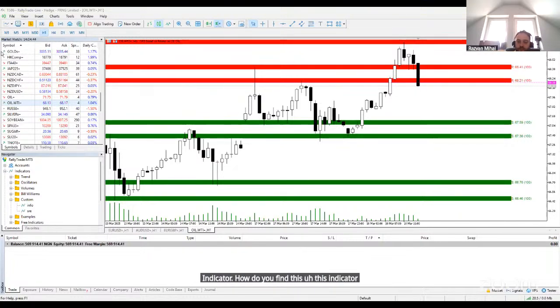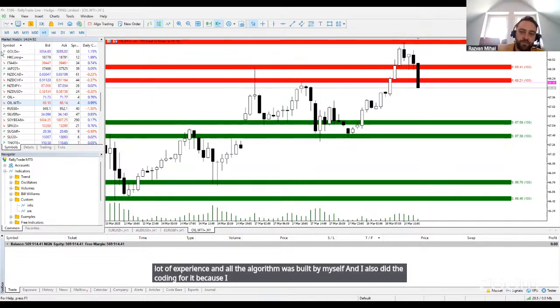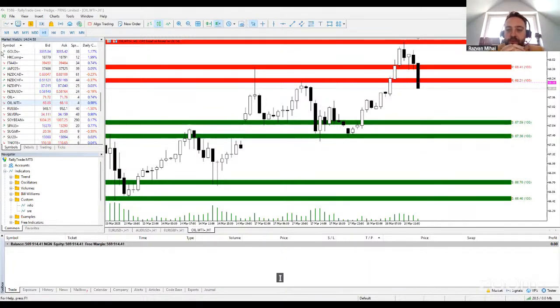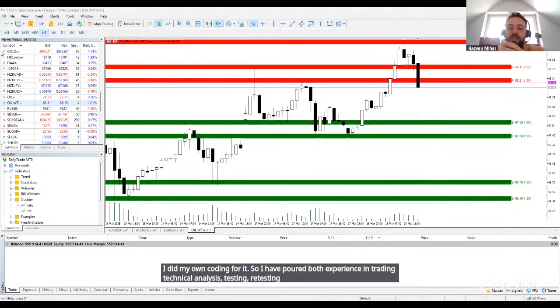Now, how do you find this indicator? Considering that I've poured a lot of experience and all the algorithm was built by myself, and I also did the coding for it because I didn't want to share the knowledge with someone else and to be taken from there. I did my own coding for it, so I have poured both experience in trading, technical analysis, testing, retesting, extra testing, parameters, and so on and so forth.